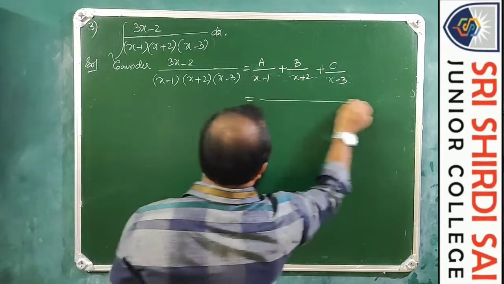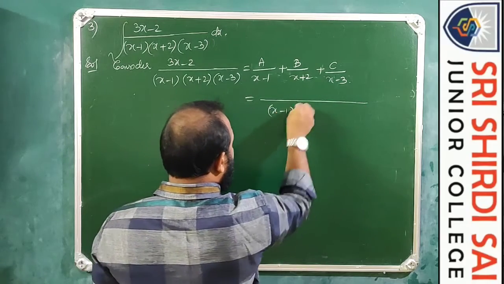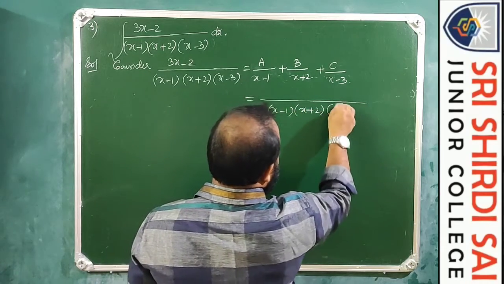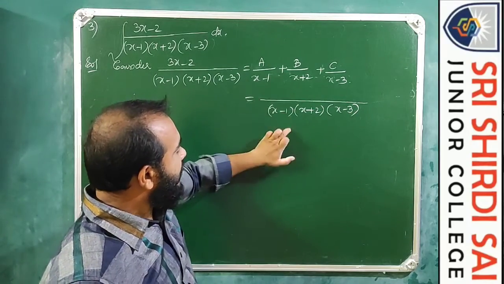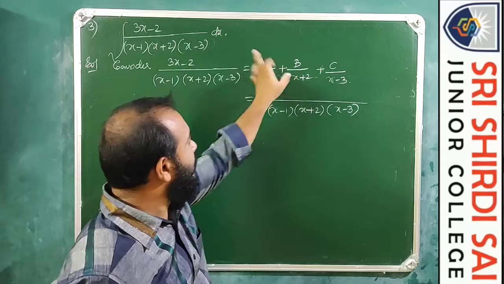Now on finding the LCM we will get (x minus 1)(x plus 2)(x minus 3). So this by x minus 1, these two get cancelled, we are left with (x plus 2)(x minus 3) into a.